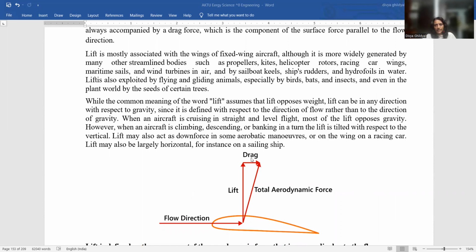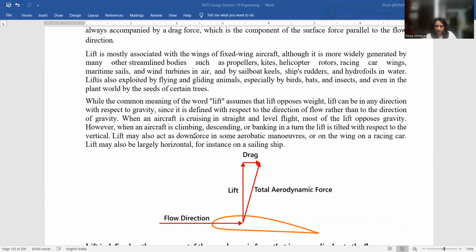You can take the example that the common meaning of the word lift means to lift opposite the weight, or lift can be in any direction with respect to gravity. Simple English meaning, uthana, lift. And when an aircraft is cruising in a straight and level flight, most of the lift is opposing the gravitational effect.